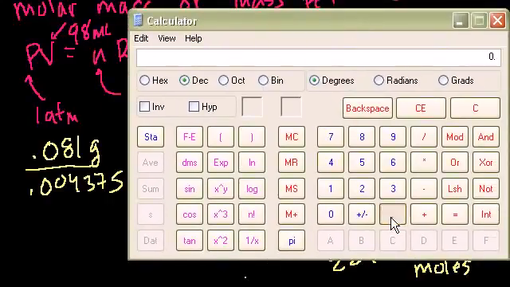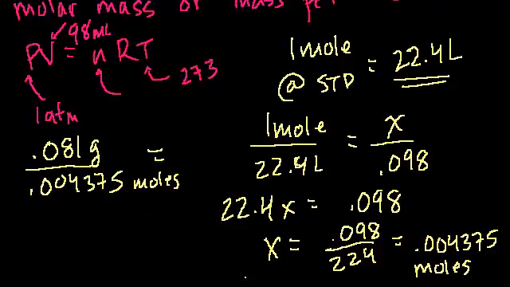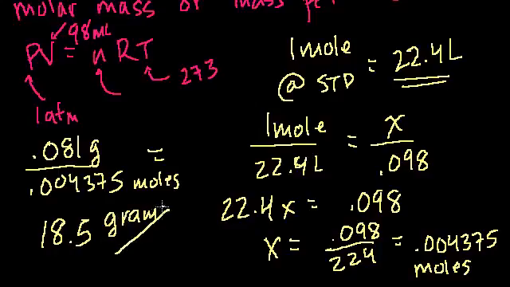So we have 0.081 divided by 0.004375 is equal to 18.51. So it equals 18.5 grams per mole. Grams per mole.